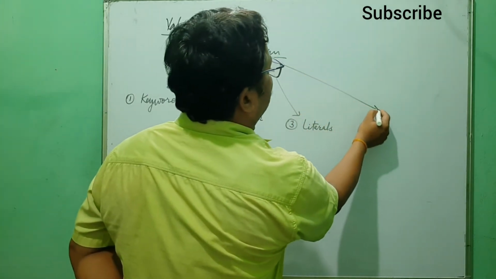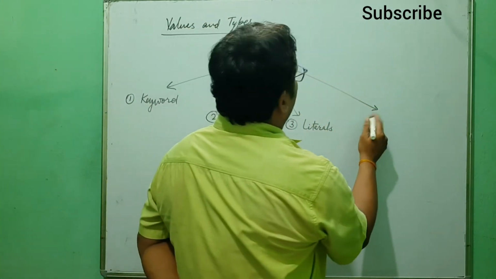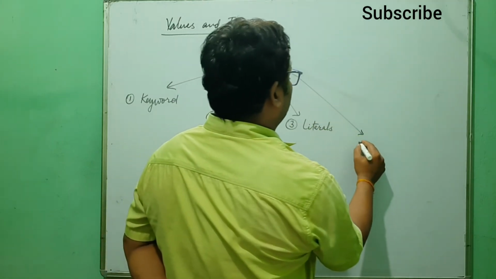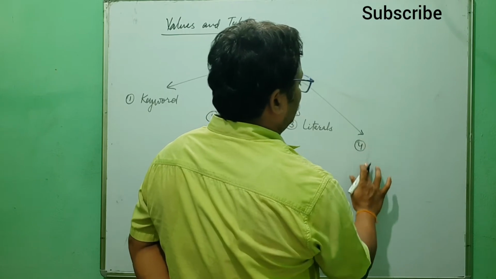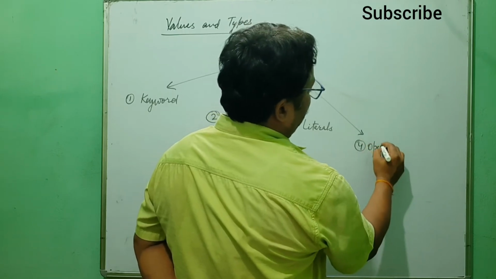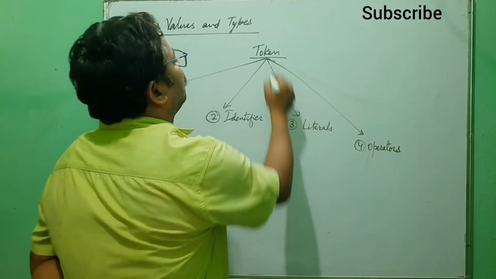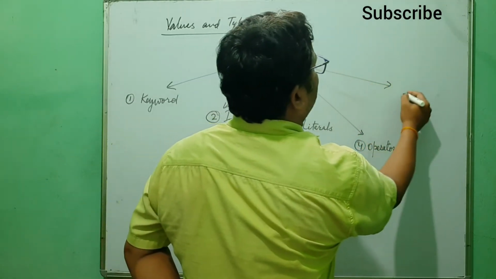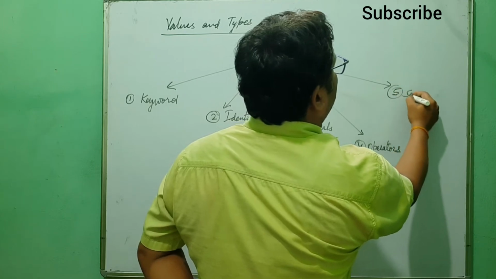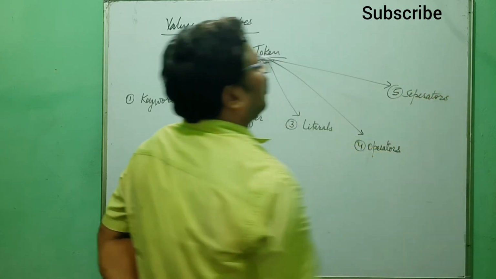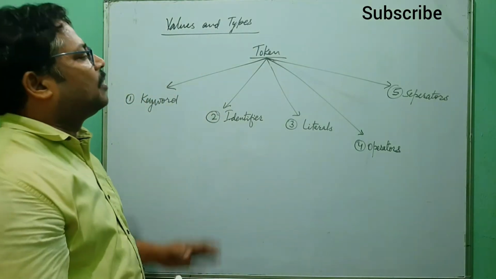Fourth one I say operators. Fifth one is separators. Okay, now we understand one by one.